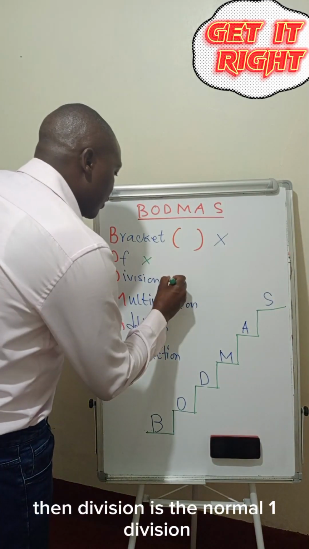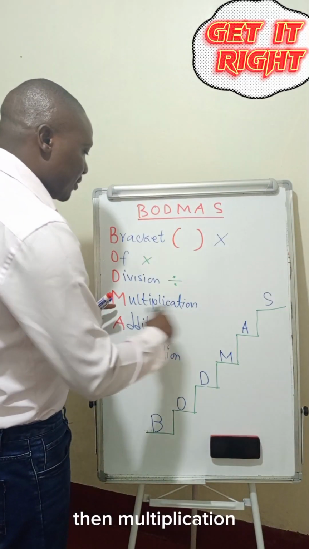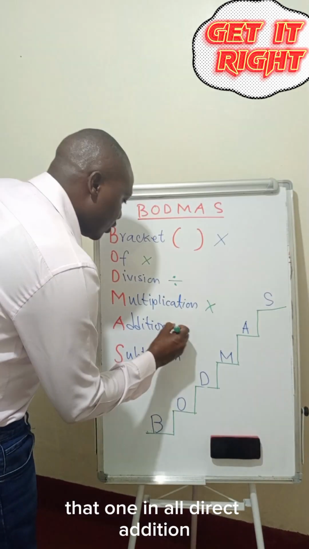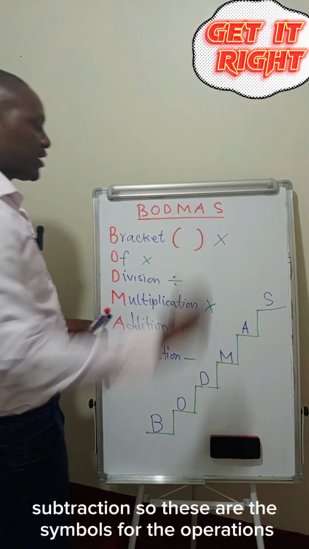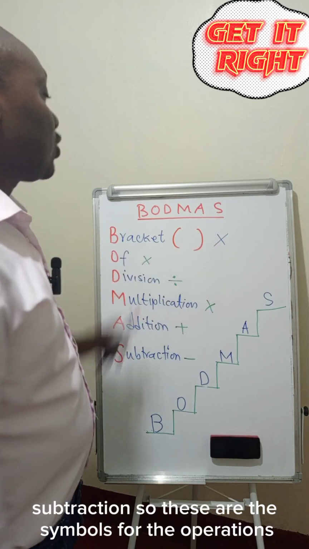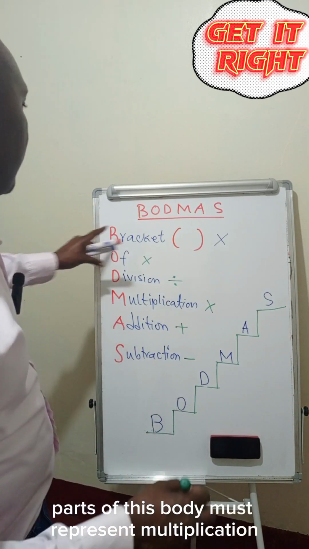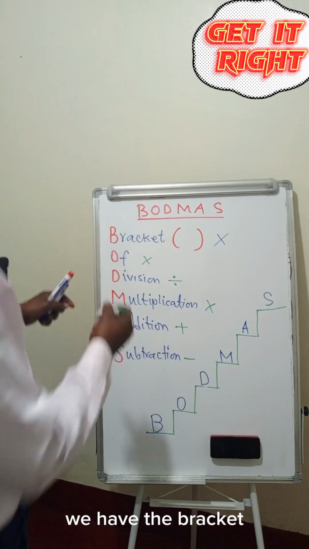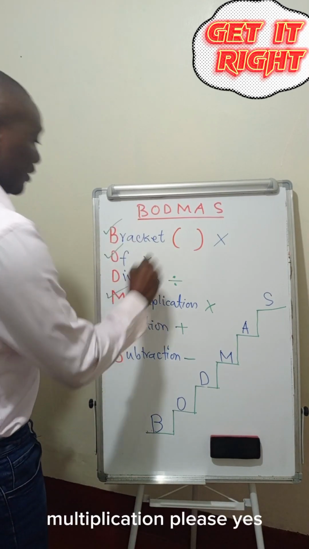Then division is the normal one, division. Then multiplication, that one we know, direct. Addition, this is the sign. Then subtraction. So these are the symbols for the operations. So look at how many parts of this Bodmas represent multiplication. We have the bracket, we have of, and we have multiplication.